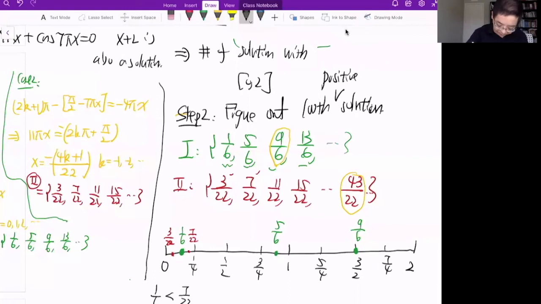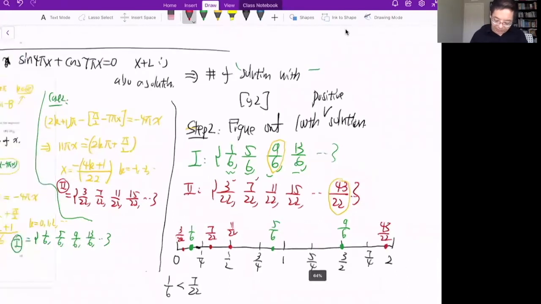It's not very accurate in the drawing, but 7 over 22 should be larger than that. Then the next one is right here, 11 over 22, and so on. The last one is right here, 43 over 22.